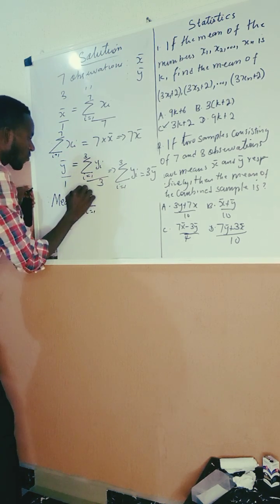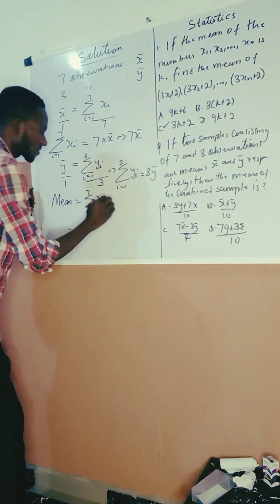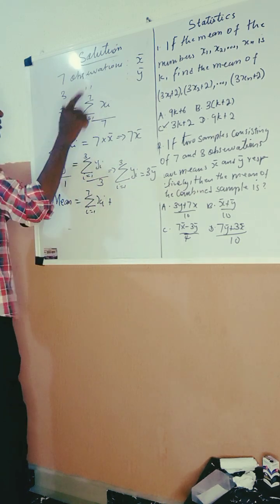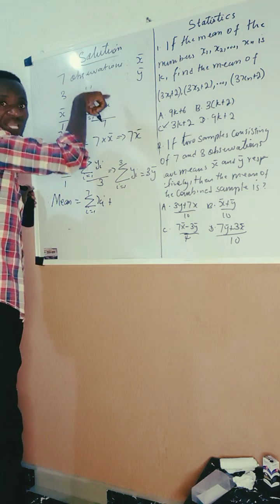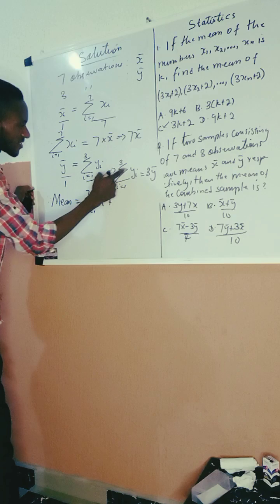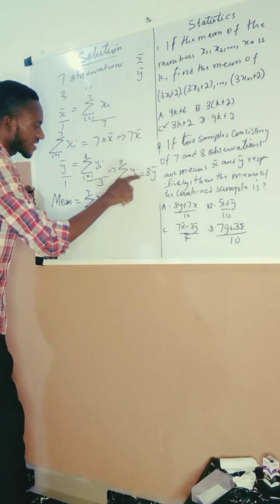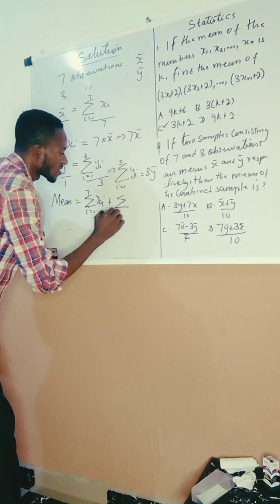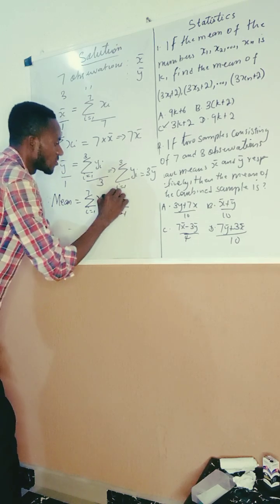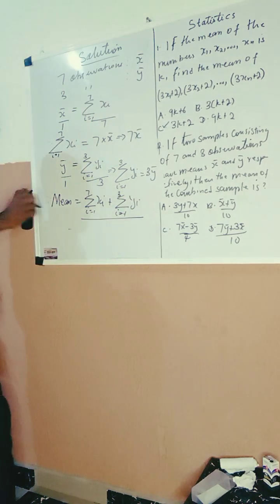The sum of all the observations in x is summation i is running from 1 to 7 of xi plus. We are going to sum all the observations now in the second sample, which is in terms of y, and it is summation i is running from 1 to 3 of yi, all over.